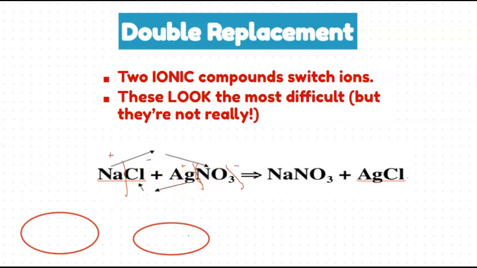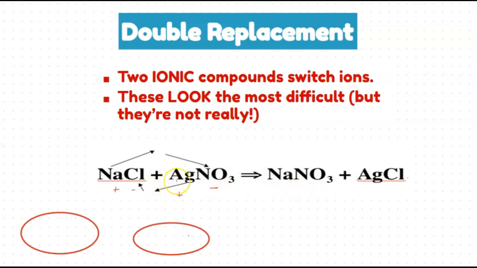You connect your outsides to the insides, and then you rewrite the formulas based on their charges. Sodium is a +1, chloride is a -1, silver is a +1, nitrate is a -1. When I bond sodium with nitrate, it's a +1 and -1, so I get NaNO3.